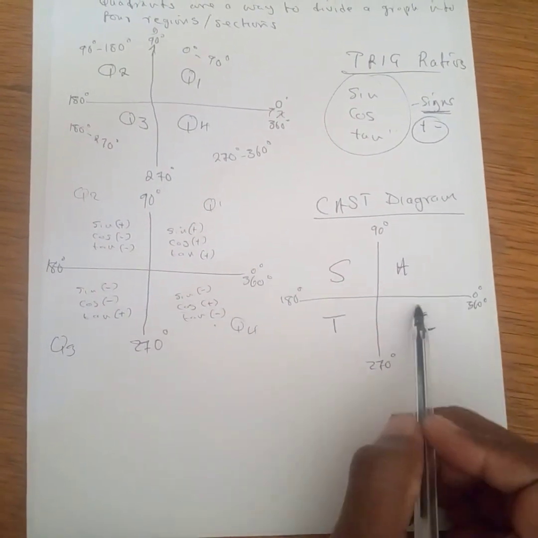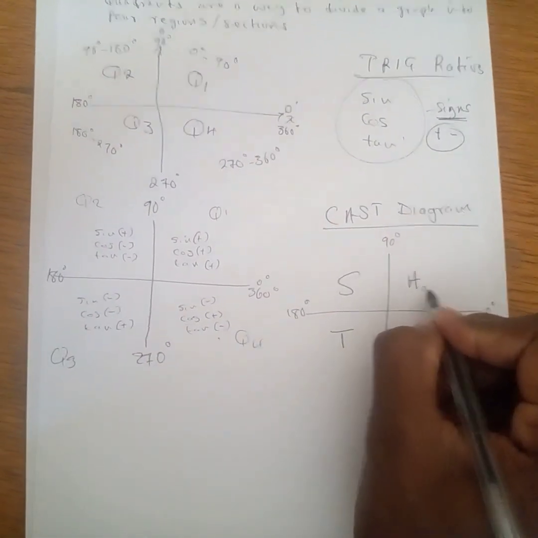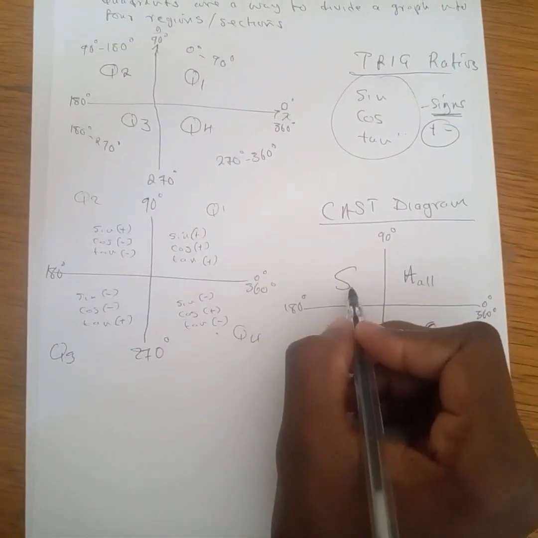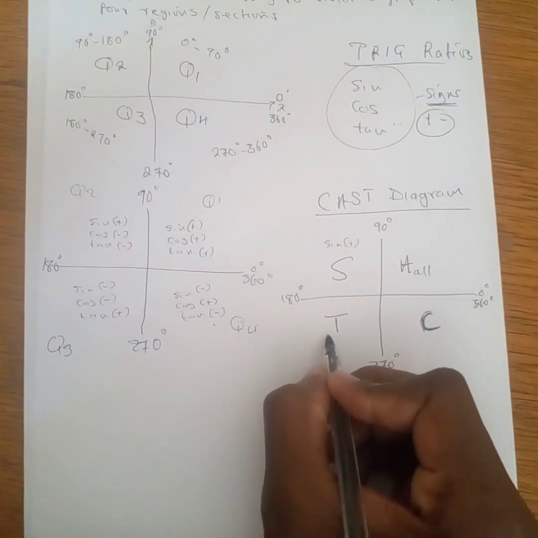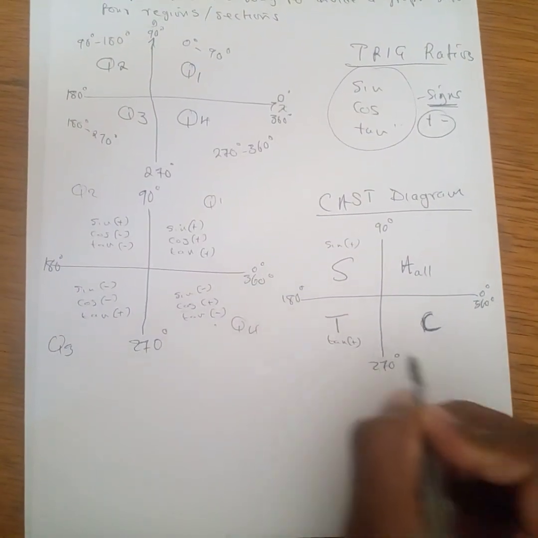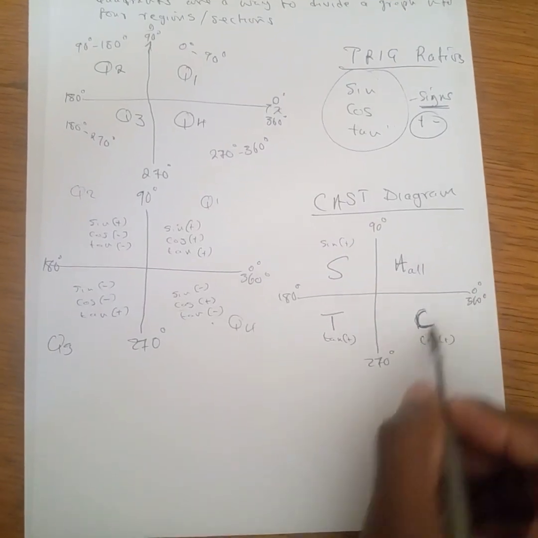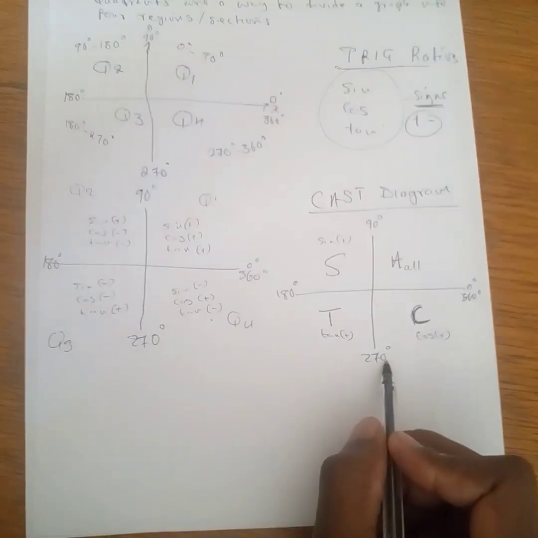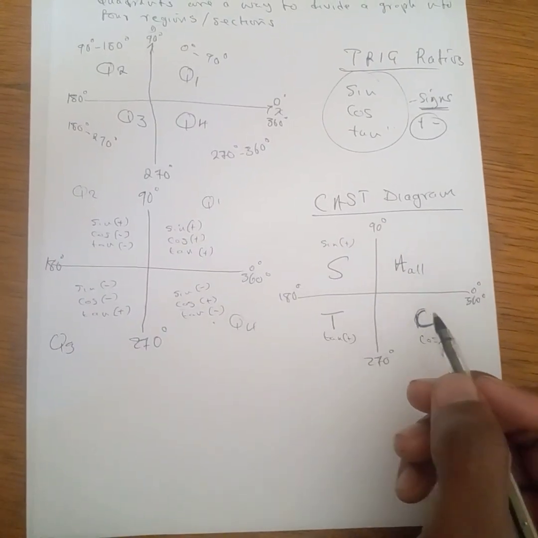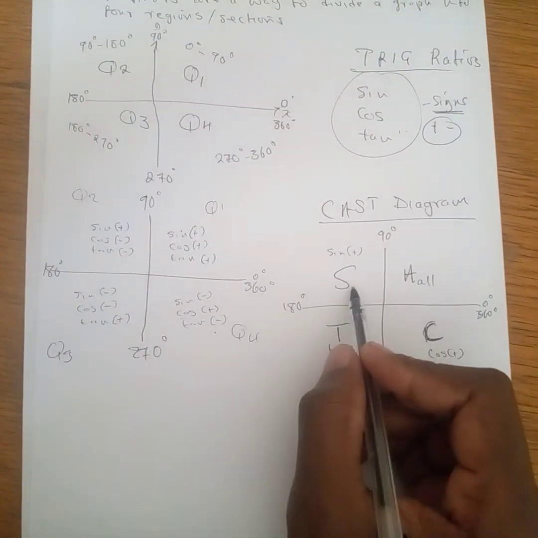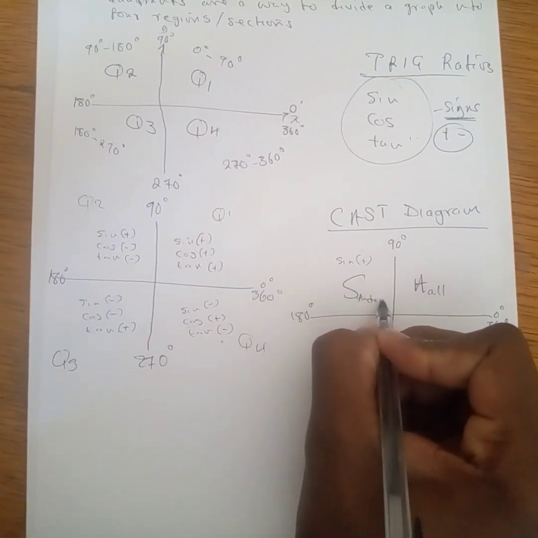Okay, this makes a cast diagram where we see in the first quadrant, all the ratios are positive, but in the second quadrant, sine is positive. In the third quadrant, tan is positive, and in the fourth quadrant, cos is positive. Hence the cast diagram. So some people would want to have it as a memory aid of saying all students take calculus.